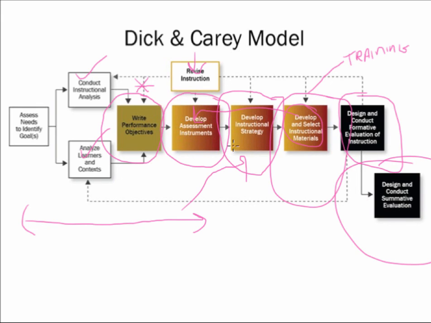So you go back and revise assessment. Maybe your objective wasn't clear enough. You may revise your objective. So that's why it's a system, because we're always going back and making these revisions in order to make this the best goal-oriented, results-oriented training possible.